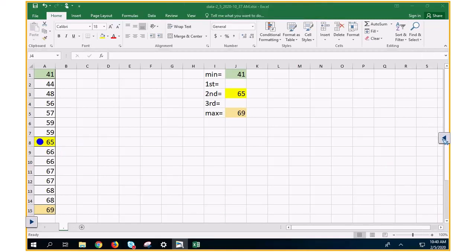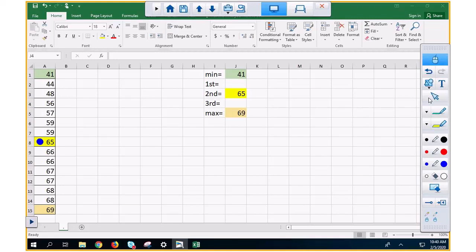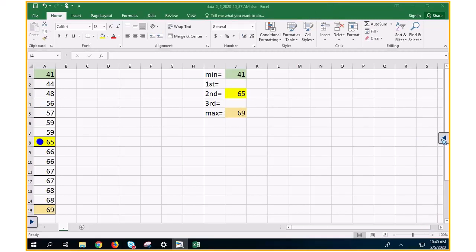And how many numbers are above that? 1, 2, 3, 4, 5, 6, 7. How do you find the median of 7 numbers? Middle. You pick the middle. So I'm going to pick the middle, which will be that one right there.